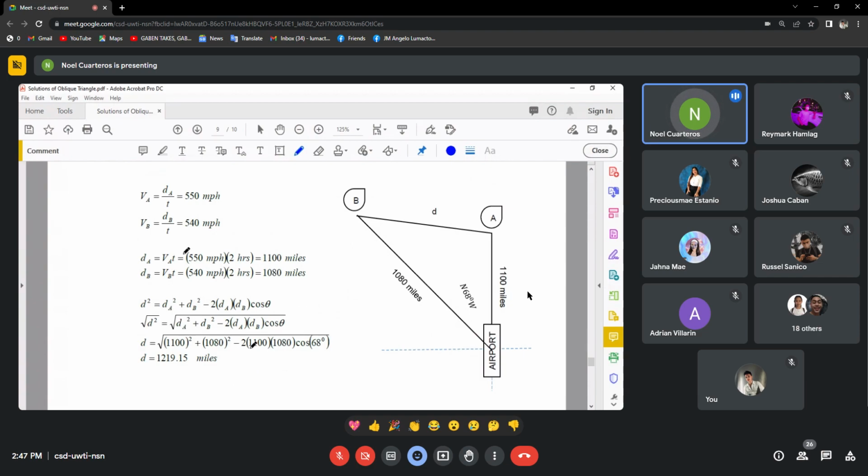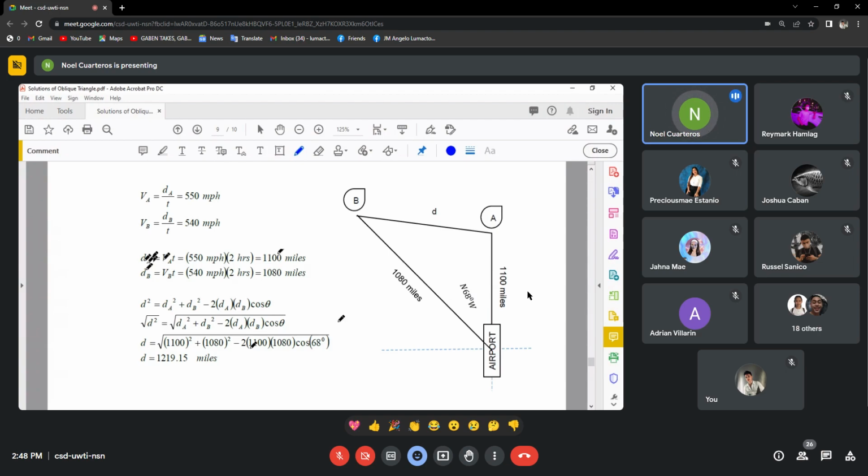So to get the distance, we multiply both sides by time. That's why the distance of airplane A is equal to velocity of airplane A times time. Same with airplane B, the distance is velocity of airplane B times time. So the distance of A is 1,100 miles. The distance of airplane B is 1,080 miles.